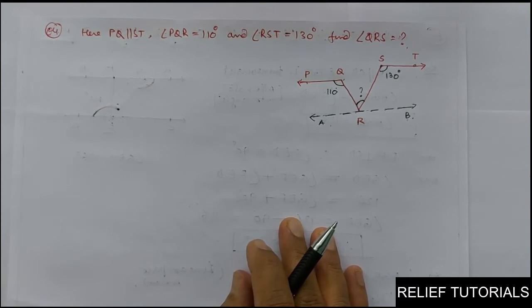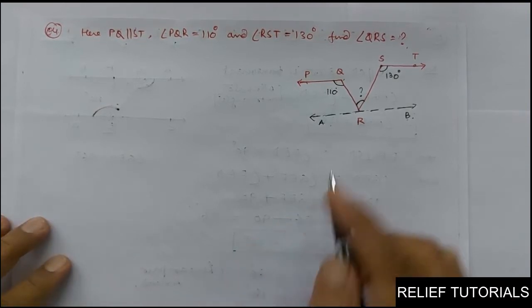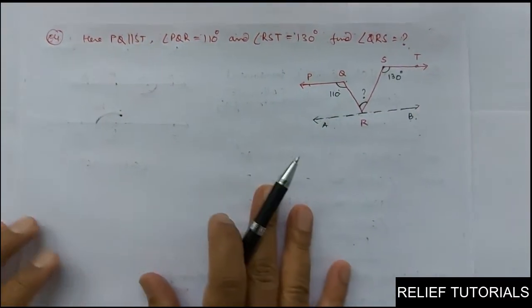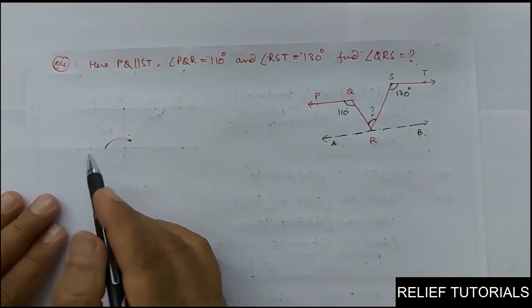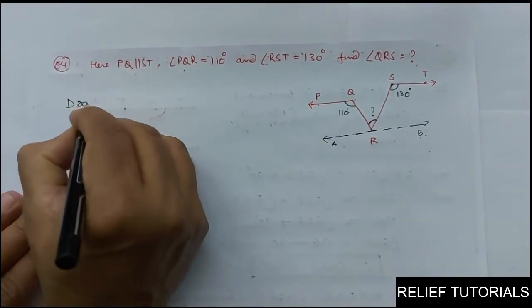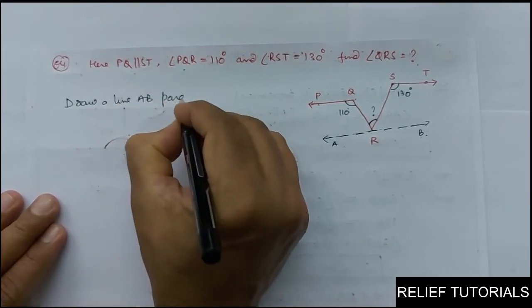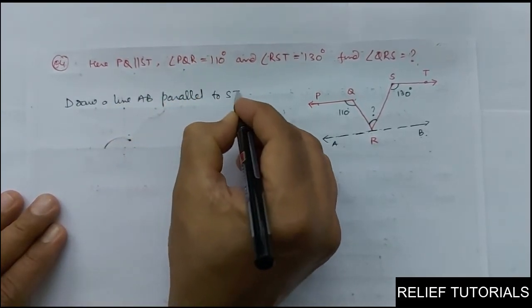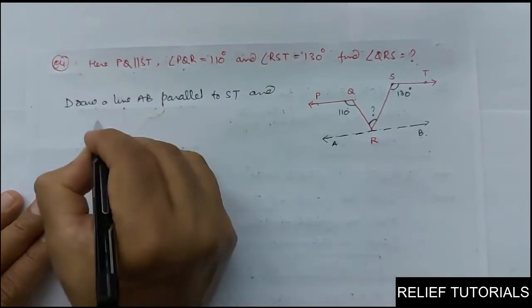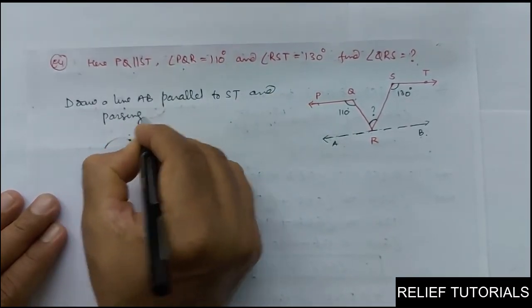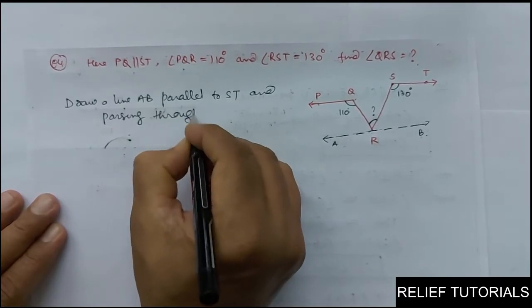What you will write here: draw a line passing through R and parallel to ST. So we will draw a line AB parallel to ST and passing through R.